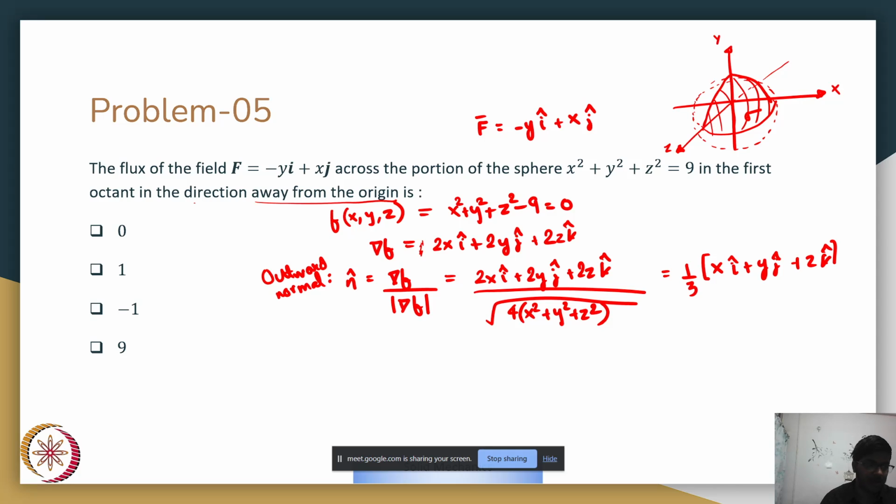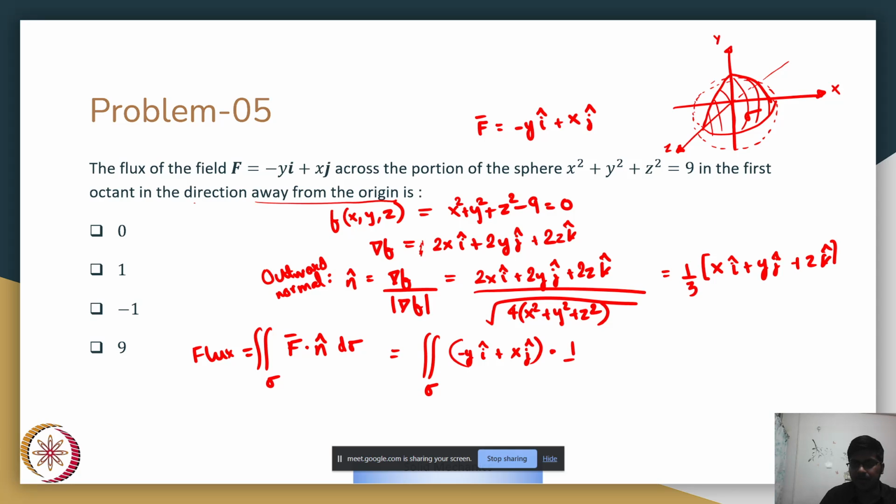And if I want to calculate flux, I want to do the integral of F dot n d sigma, which is nothing but minus y i hat plus x j hat dot 1/3 of x i hat plus y j hat plus z k hat d sigma.